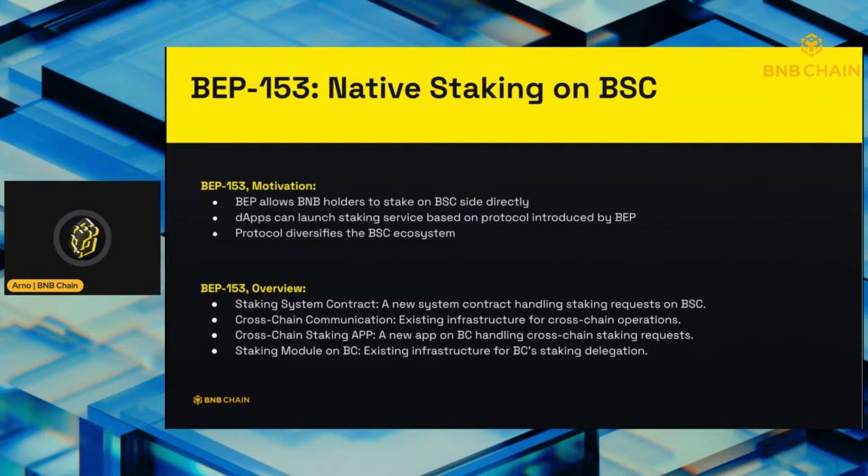So this BEP introduced what we call a new staking system contract on the BSC side, which allows all staking-related operations to be initiated through these contracts. All operations applied on the BSC within this native staking contract are applied across chain to the Beacon chain through the native cross-chain communication mechanism.